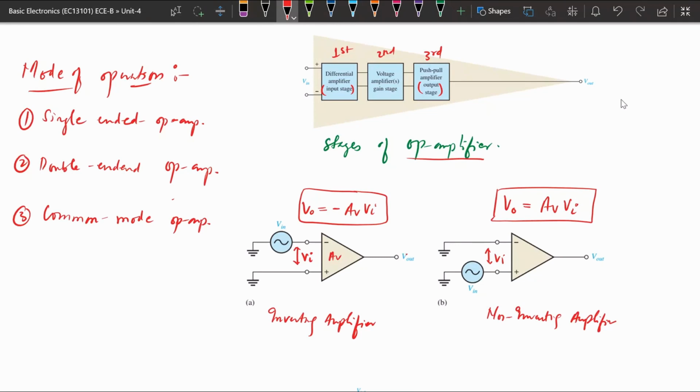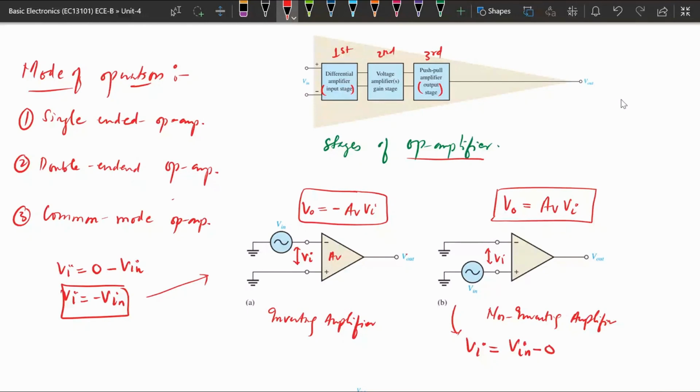In the first case, the positive side is connected to 0 and the negative side is connected to VIN, so Vi equals minus VIN. For the other case, if we calculate the same Vi, it will be the positive side voltage, that is VIN, minus the negative side, which is connected to 0, so it will be VIN.